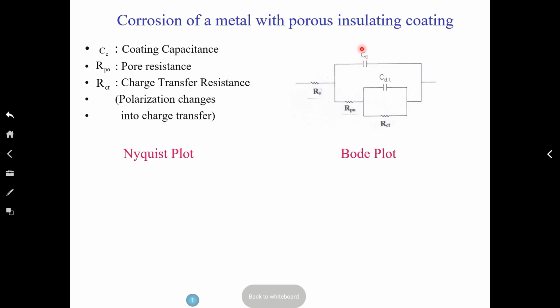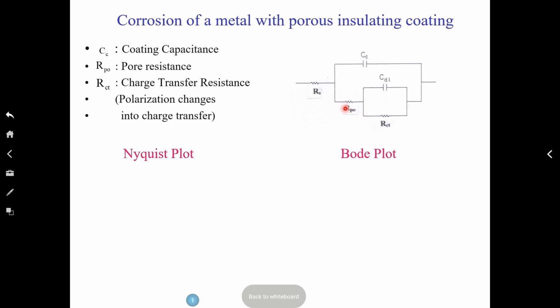In that case, this value should change. They can change the size of the porosity, for example. In that case, this value will change. That's how they can verify that this is a realistic physical model that is representing the sample, rather than being an arbitrary circuit that happens to fit the data.